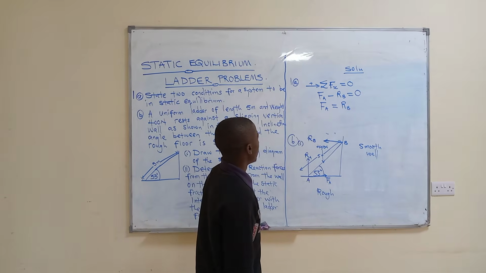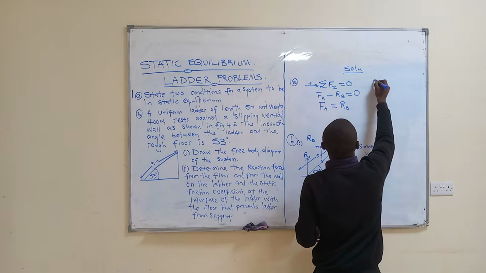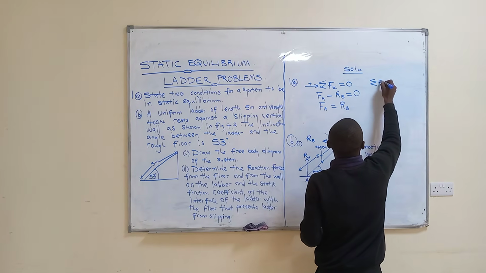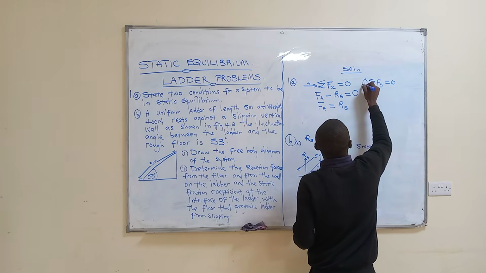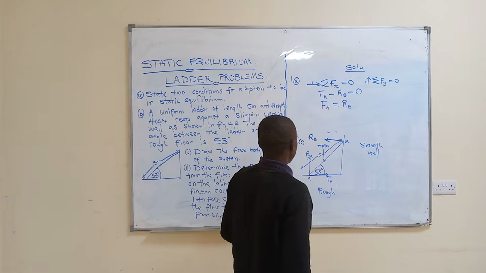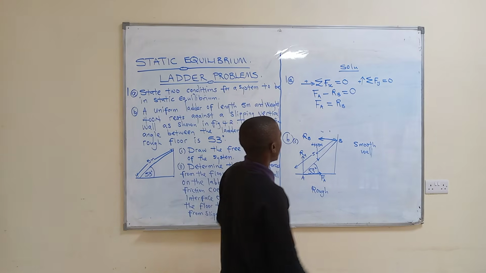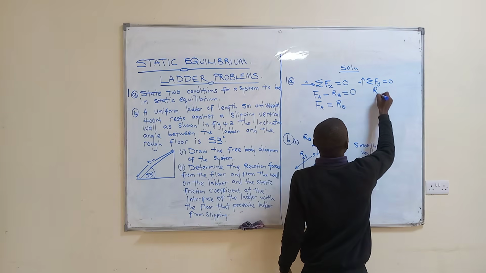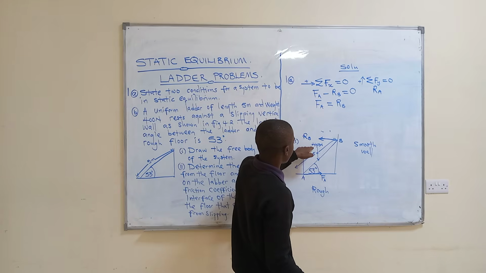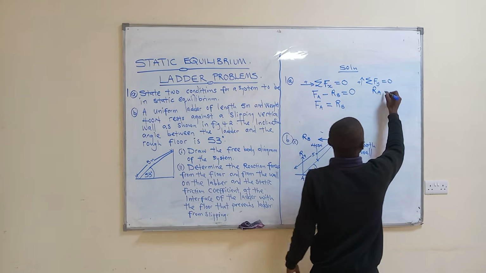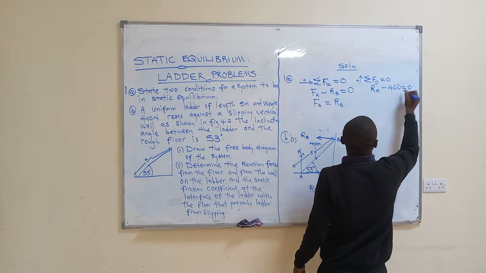From there, we move to summation of forces in y-axis. Summation of forces in y-axis is equal to 0, assuming going up to be positive. So I'm adding this reaction force pointing upwards, that is Ra, minus this 400 that was opposing the motion, minus 400, is equal to 0.